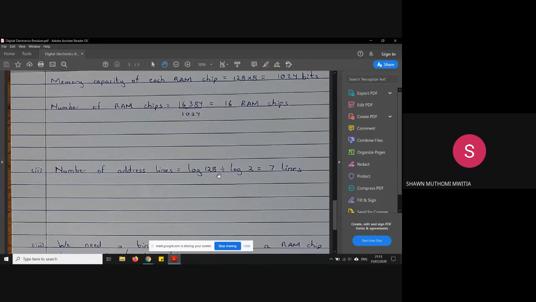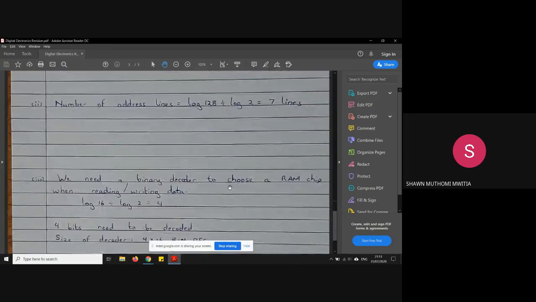Since it has 128 memory allocations, you just do log 128 divided by log 2 to get 7. It seemed too straightforward for what Prof. Mwangi is used to, but I just left it like that. But if anyone else can see another way to do part D2, that would be helpful.